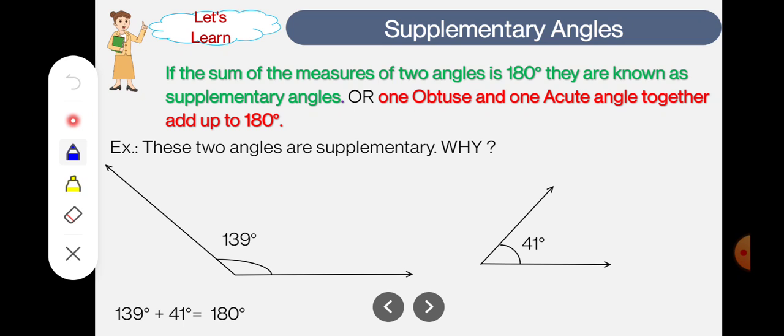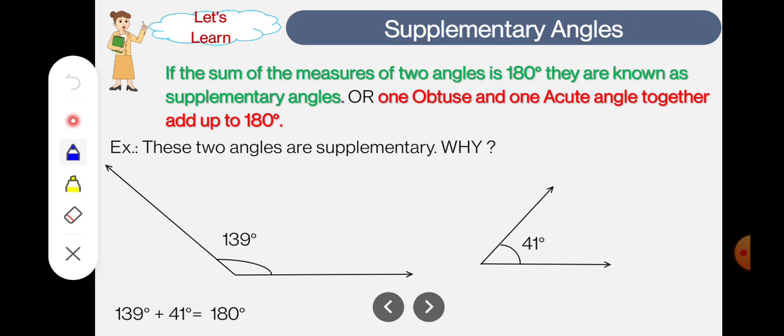Also, we can say that one obtuse angle and one acute angle together can add up to 180 degrees and form supplementary angles, but not in all cases. For example, if one angle measures 139 degrees and another measures 41 degrees, 41 degrees is acute and 139 degrees is obtuse, and if you sum them up they are 180 degrees.